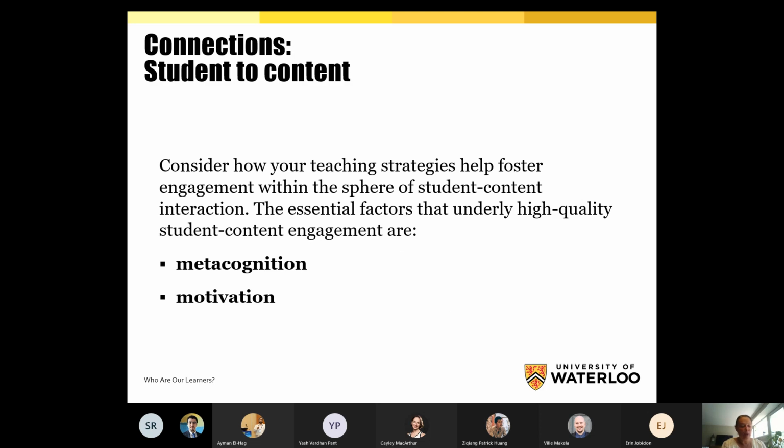And finally, we're going to land on the student-to-content connection, which is incredibly important because it's sort of the foundation of all coursework. With very few exceptions, nearly all post-secondary courses require students to master some amount of content, some amount of material. Especially at the undergraduate level, they're centered entirely around helping students gain essential facts and processes and build sort of academic soft skills, if I may phrase it that way.